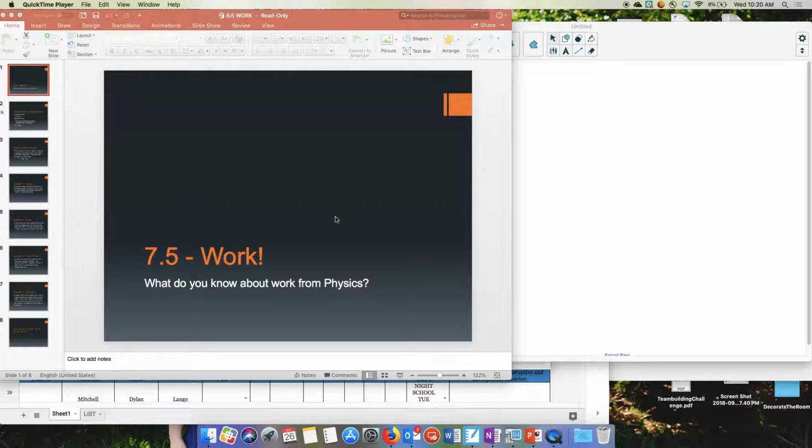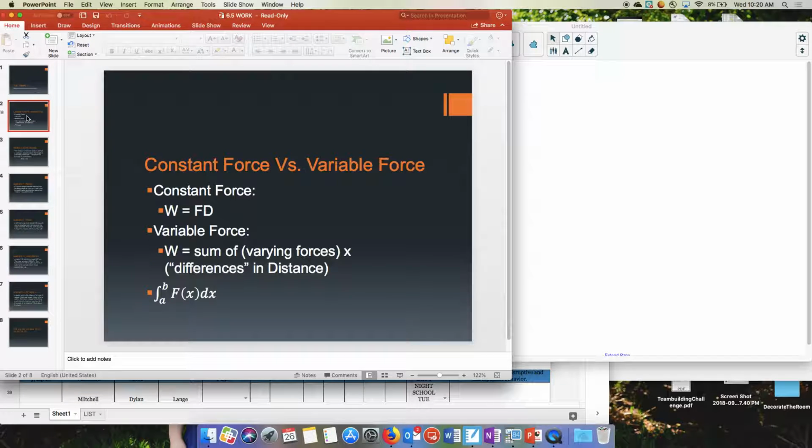Now, what is going to be the issue, or why we need calculus, is that we will not always have a constant force. For example, I have a chain that I'm lifting up from the ground.